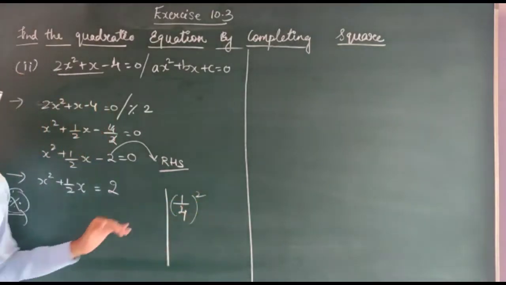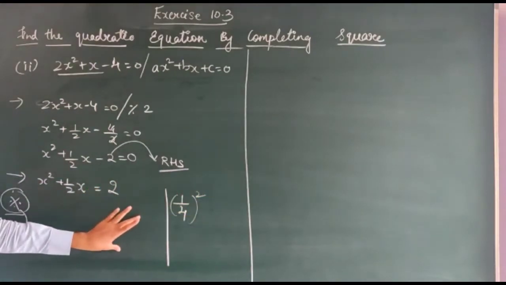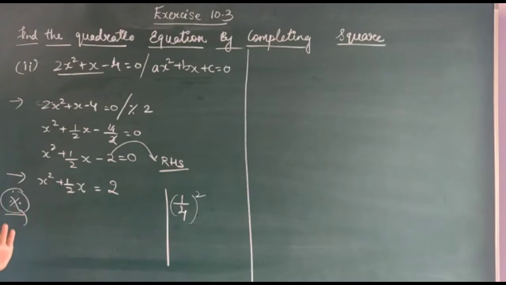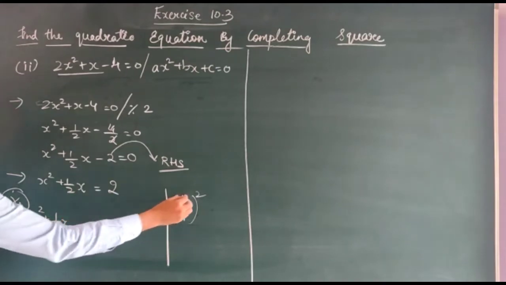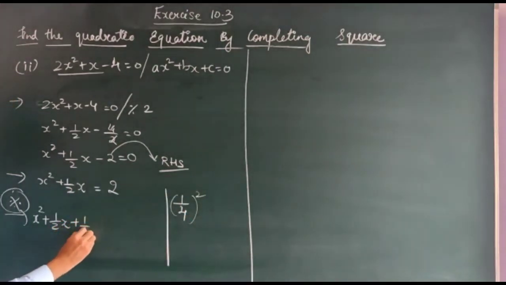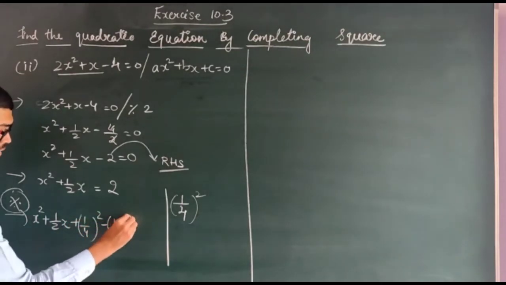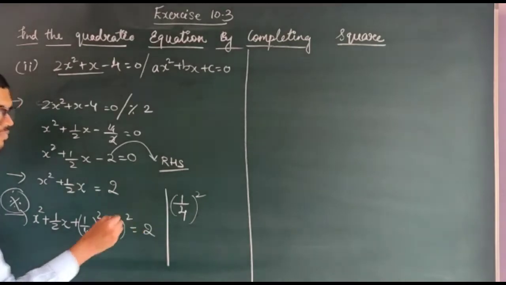Square this. After squaring this, just add and subtract this term over here. You will get this step. Fine. So this is x² + (1/2)x as it is. Now (1/4)² plus (1/4)² minus (1/4)² is equal to 2.